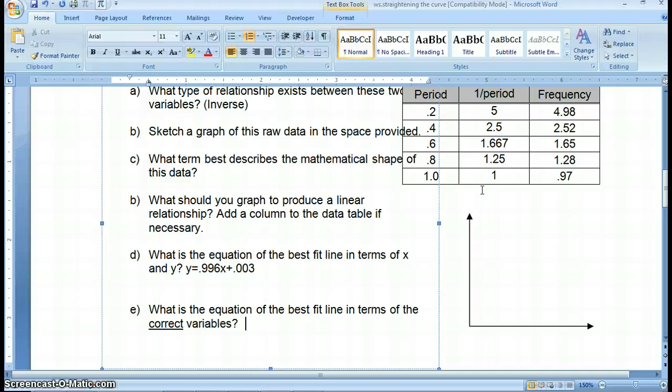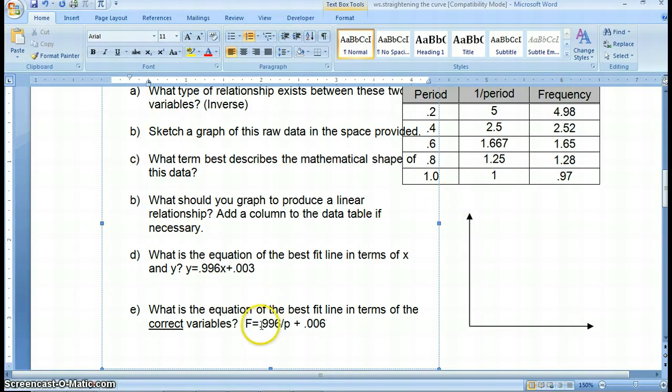So we'll call the letter f frequency. So we'll say f for frequency equals 0.996 divided by, instead of x, we're using p for period, plus 0.006.